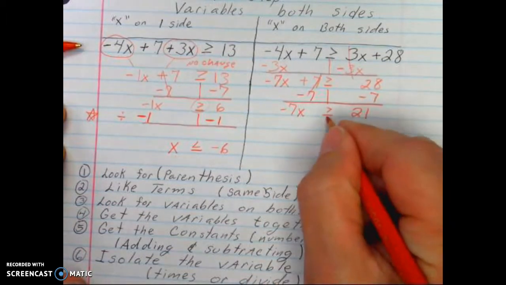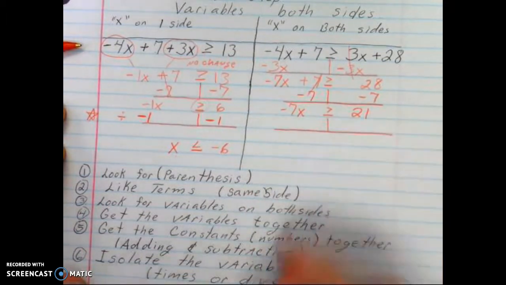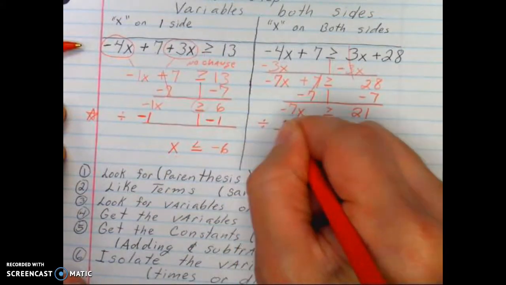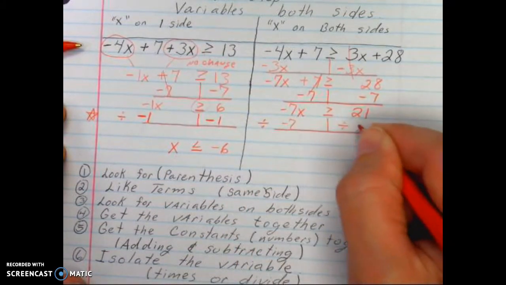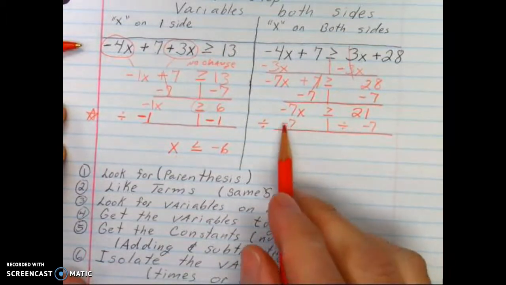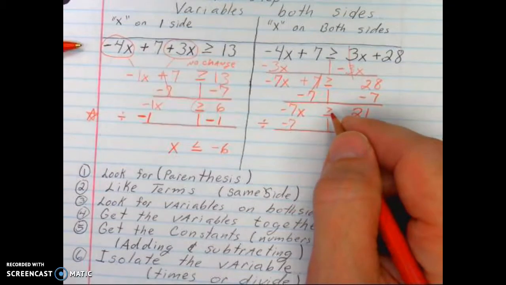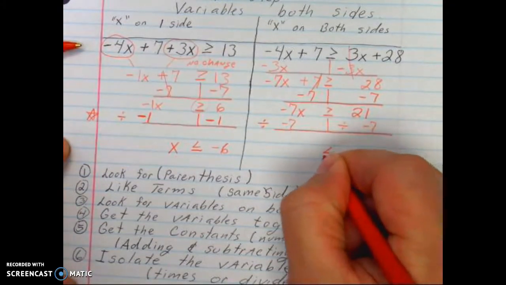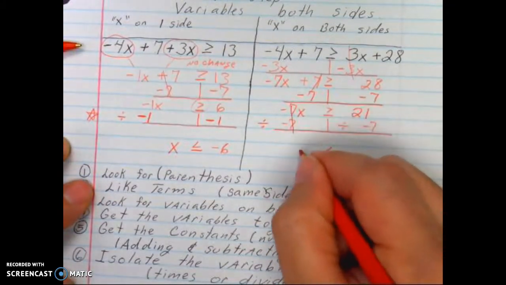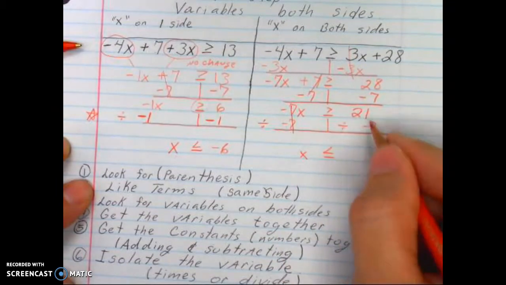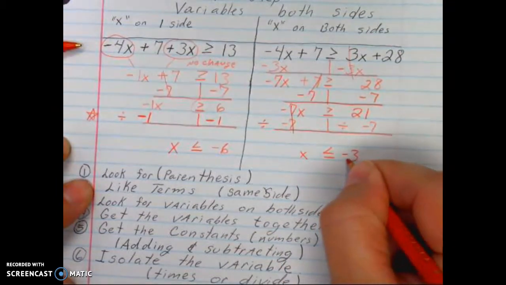And then, again, pretty much the same thing. Isolate the variable. Divide by negative 7. And again, because I'm dividing with a negative 7, I have to turn this sign around. So it comes around, and those cross out. There's my x. And 21 divided by negative 7 is a negative 3.